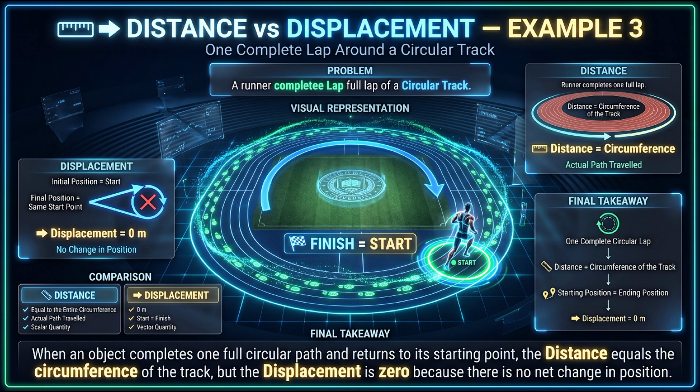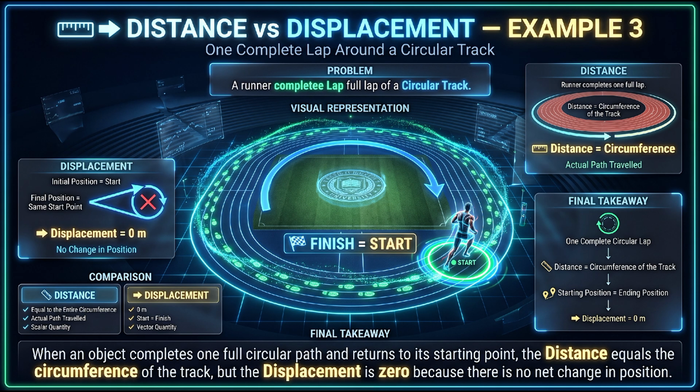This example clearly shows that an object can travel a large distance and still have 0 displacement. Although the runner completed an entire lap and covered the full circumference of the track, the overall position did not change because the runner returned to the starting point. Distance depends on the actual path traveled, while displacement depends only on the starting point and the ending point.